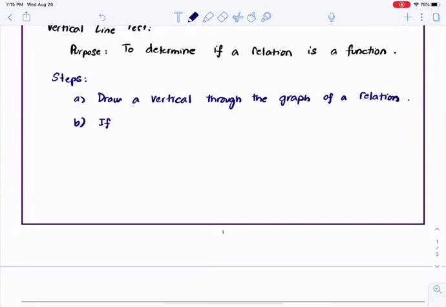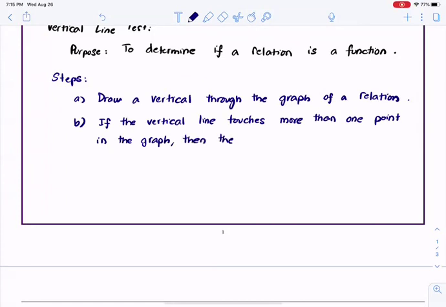And if the vertical line touches more than one point in the graph, then the relation is not a function.